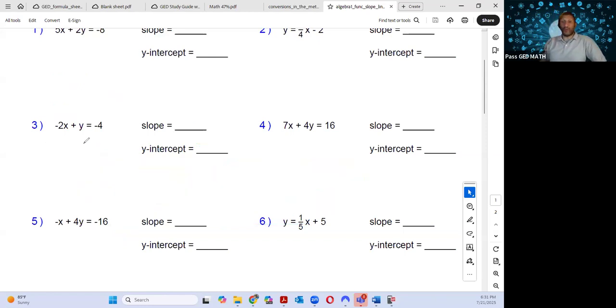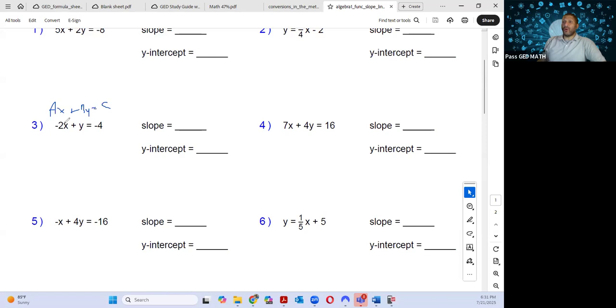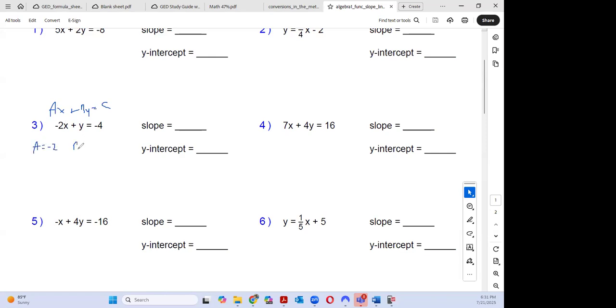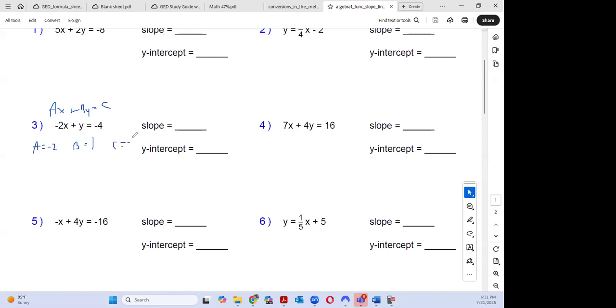So this is what you should be doing. I'm going to walk through, and this is how long these problems should take you. -2x plus y equals -4. That's standard form, Ax plus By equals C. A is -2. B is the coefficient in front of the y, which is 1. You can't just remember; you've got to say it. C is -4.